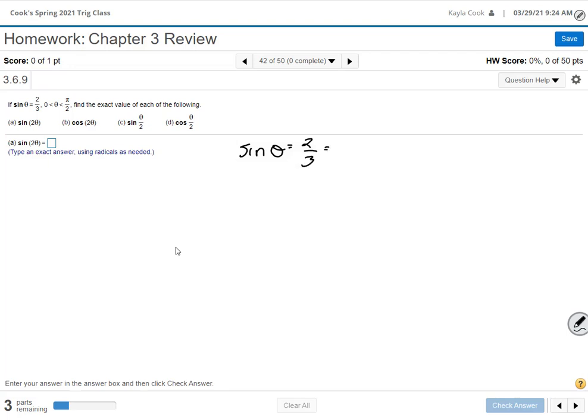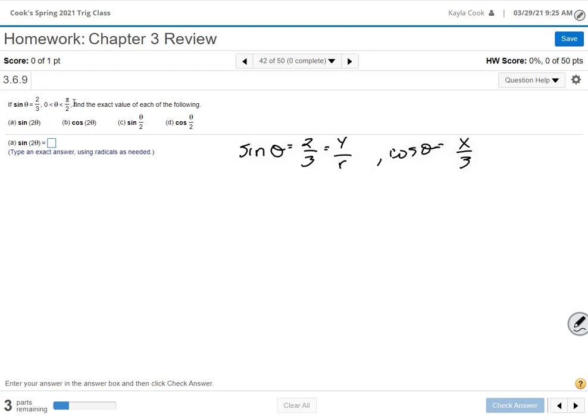Well, we know that sine theta equals y over r. Okay, and we know that cosine theta equals x over r, which is 3. So we need to find x.